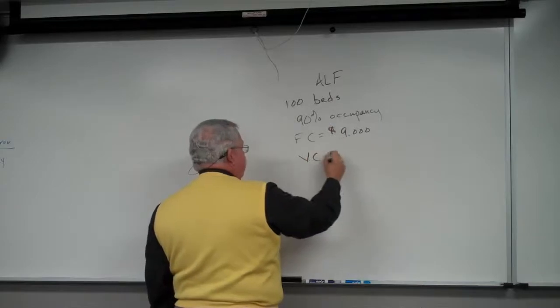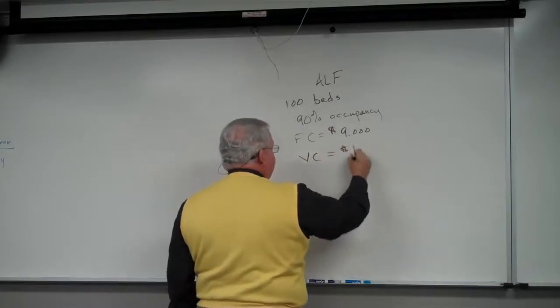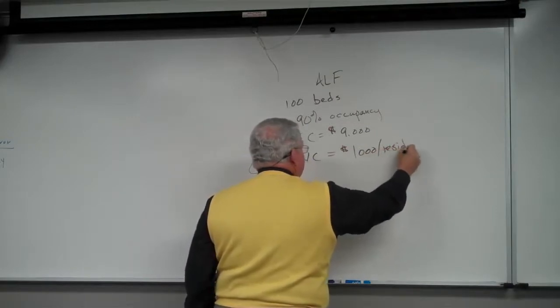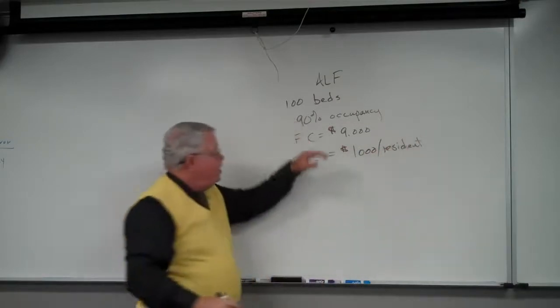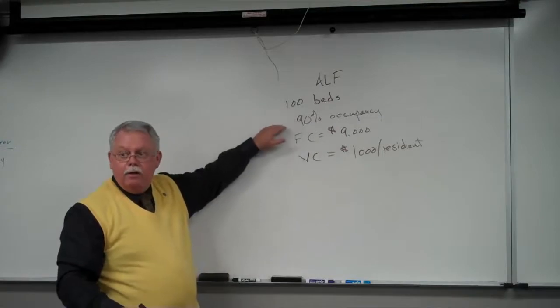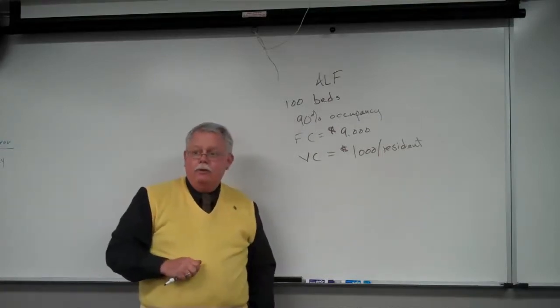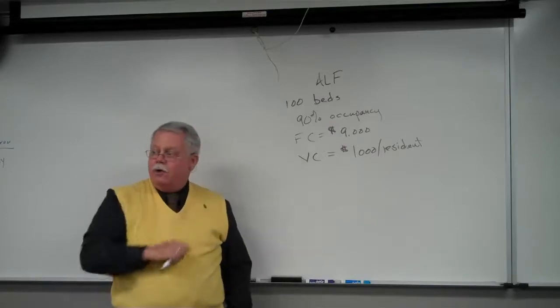Your variable cost per resident is $1,000. Notice that in this case I gave you the quantity you're going to sell. What price do I need to charge my residents in my ALF in order to break even?